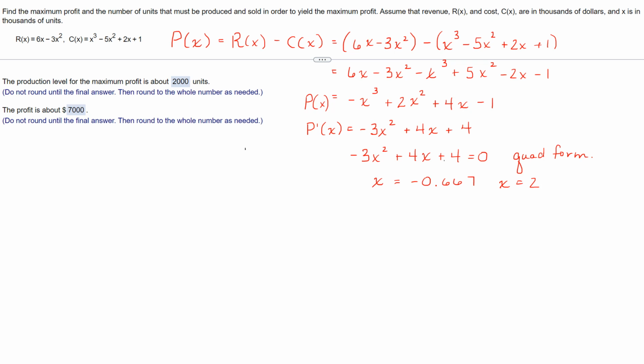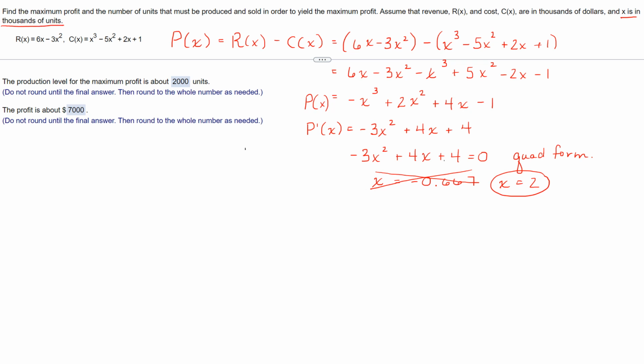Well, the negative is not going to be appropriate for us, and so we do come up with x equals 2. Up here, it tells us that x is in thousands of units.